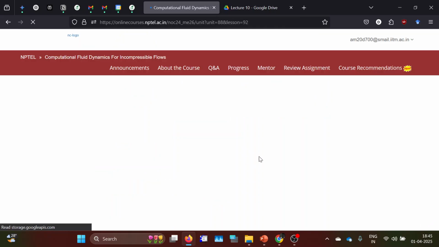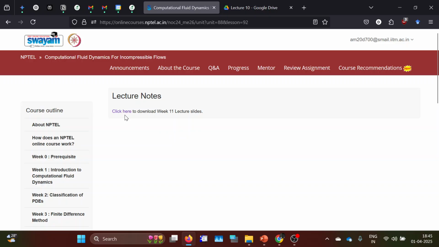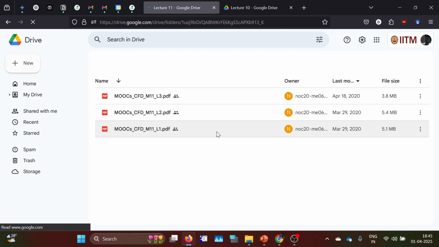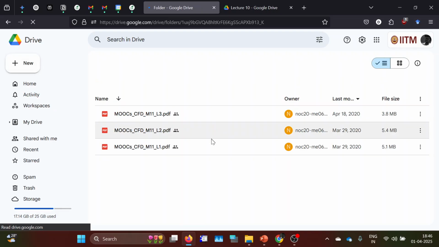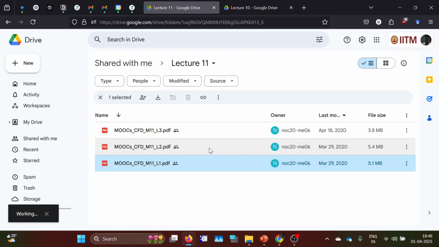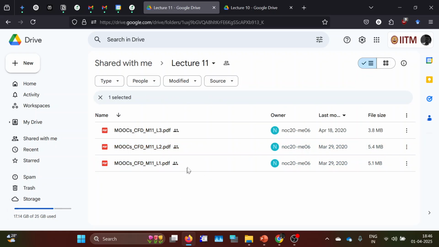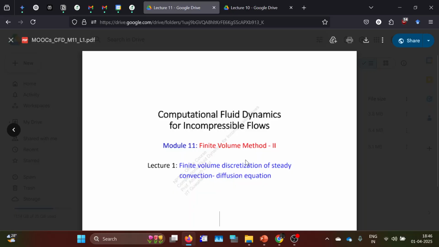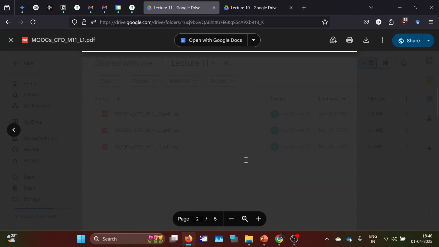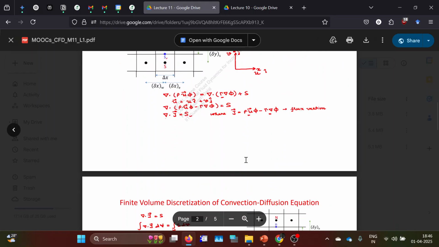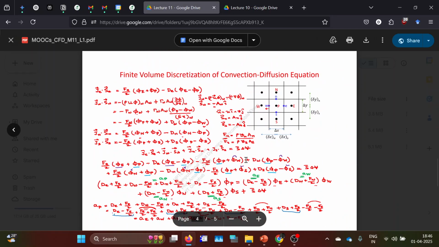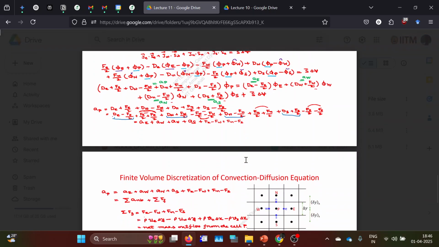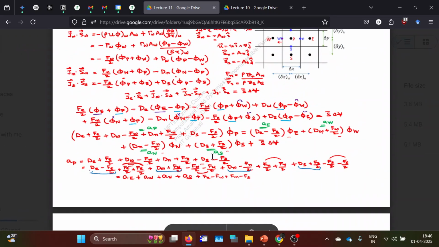So that giving capital letter notation to the a variables, the only reason is to maintain consistency across all methods. So in these later methods that we will learn, there also finally everything is written in that a neighbor into phi neighbor form. So here also you'll see certain things done.